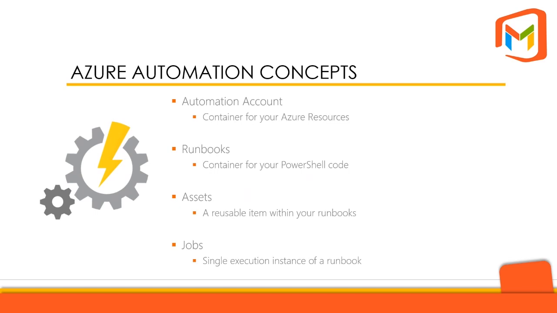The really cool thing about that is that we don't have to manage the security of this credential in all our scripts, and we don't need to modify the credential in all the scripts when the account changes. We just have to change it in one place. This is the asset place.